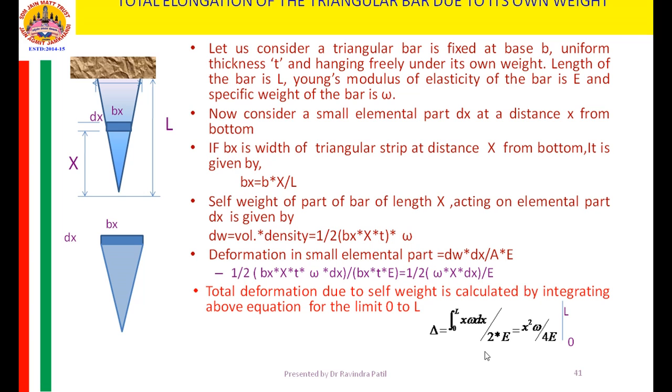What is the integral of x? x square by 2. That 2 and this 2 will become 4. x square by 4E into omega, and the limits are 0 to L. If you substitute the upper limit, it will become L square into omega divided by 4E, and the lower limit is 0.